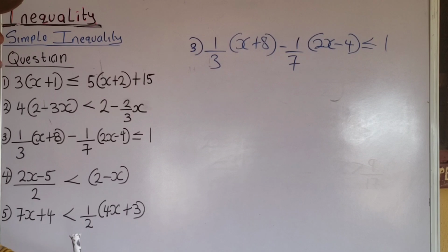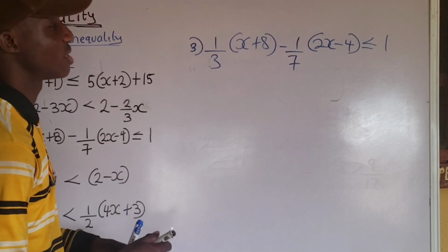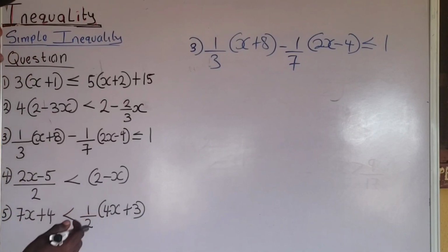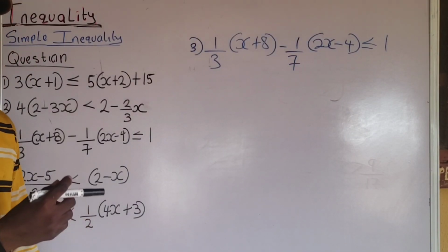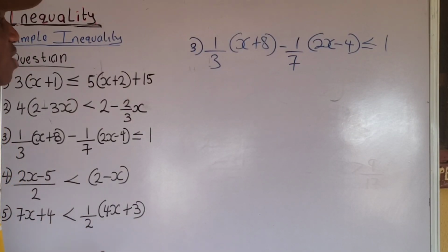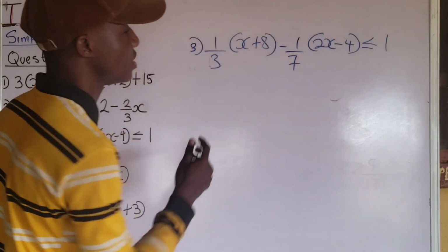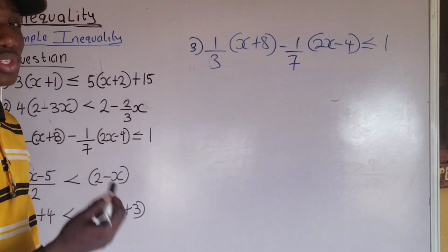All you have to do, please, I want you to pay attention. All you have to do is first, number 1, multiply all through by the LCM. Multiply both sides by the LCM. Are you paying attention? Now, the LCM of 7 and 3 is what? The LCM is 21. You understand?